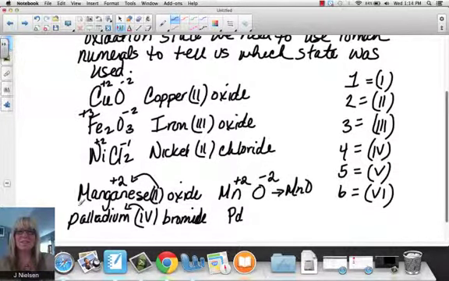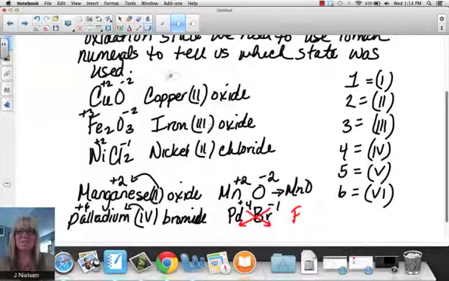This means that we used a +4 for palladium. And you know that bromine is -1. So what you're going to do now to write the formula, you can simply just drop and cross, not the charges, but the numbers. 4, 1. But we never write the 1, so the formula is going to be Pd, not Pb, Pd Br4.